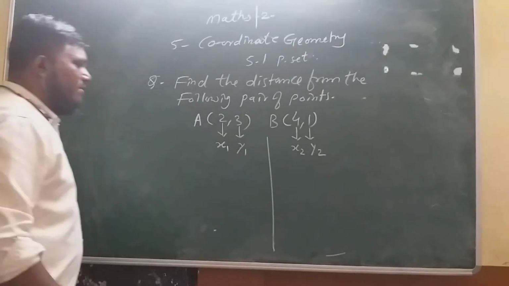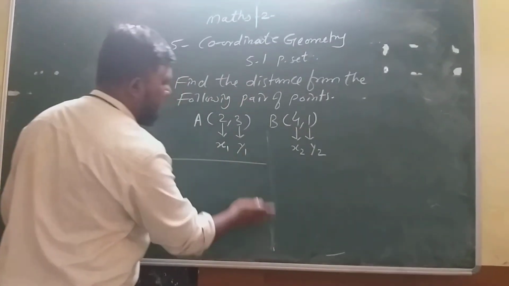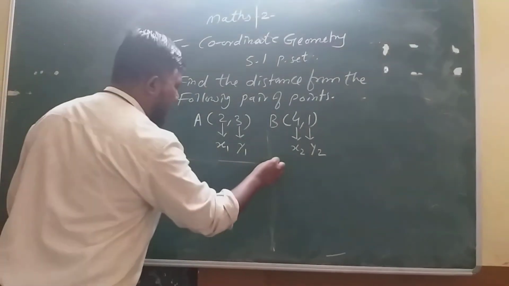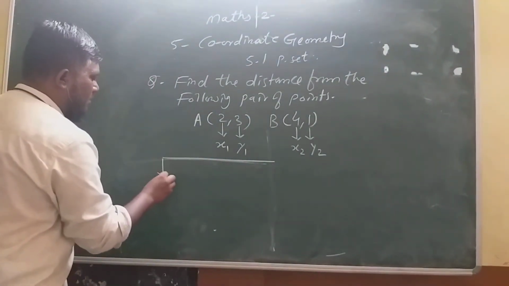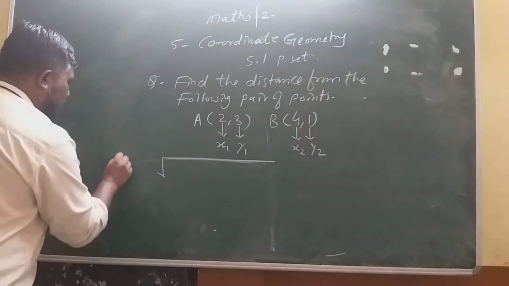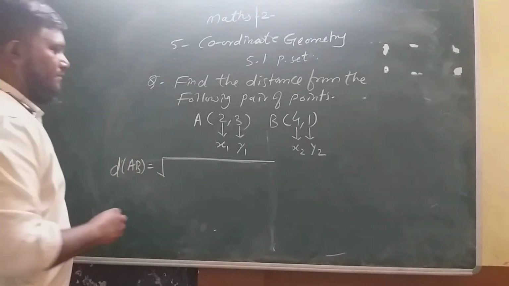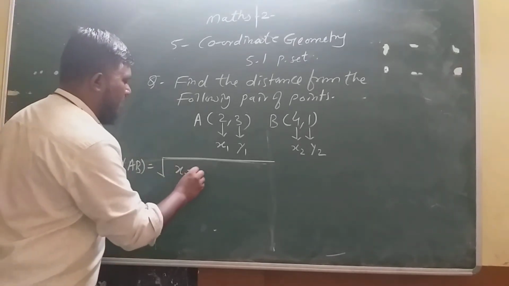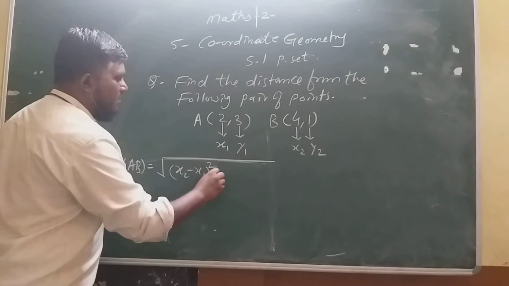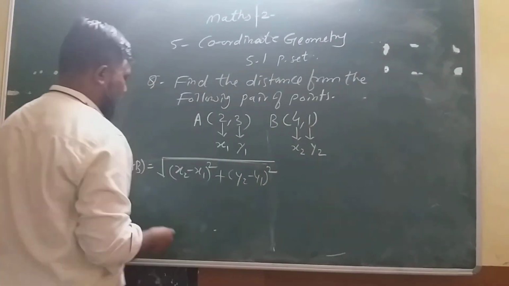Now we have to solve these examples in such a way that we have to write the distance formula. A and B are 2 points. We have to write distance of AB is equal to under root of (x2 minus x1) square plus (y2 minus y1) square.